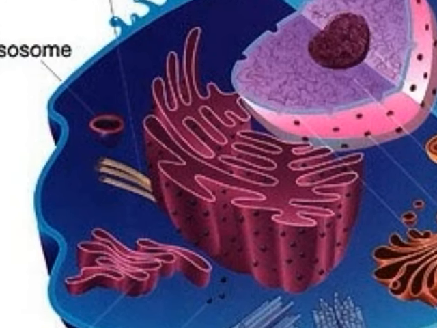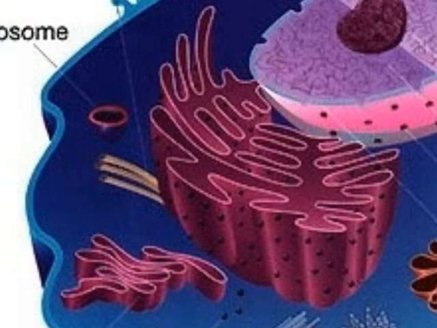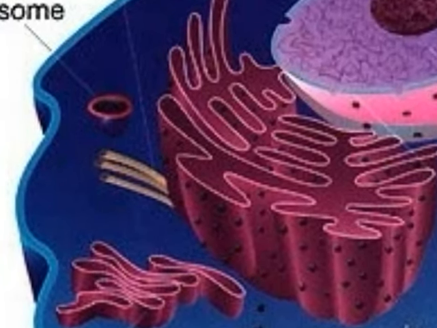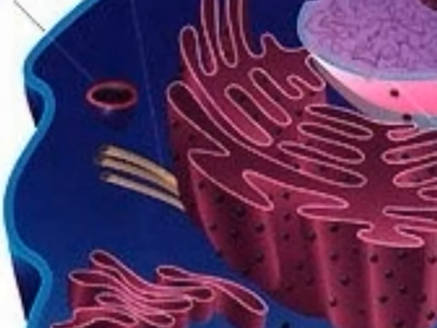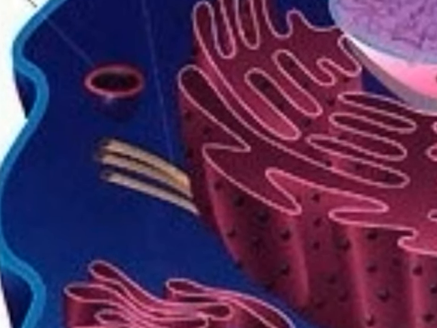There are many types of fibers that make up the cytoskeleton, such as microtubules, microfilaments, and intermediate filaments.